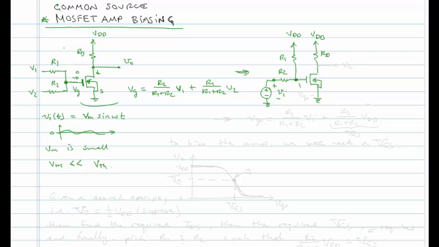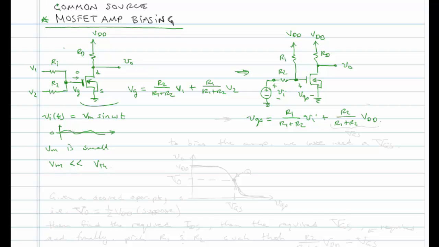Okay, so now we can write an expression for VGS. VGS is equal to the weighted sum of VDD and VI. It'll be R1 over R1 plus R2 times VI plus R2 over R1 plus R2 times VDD.